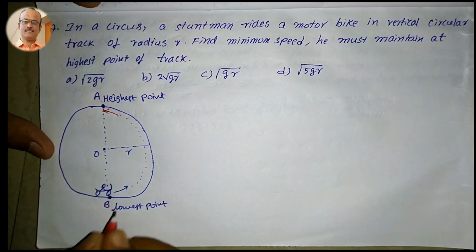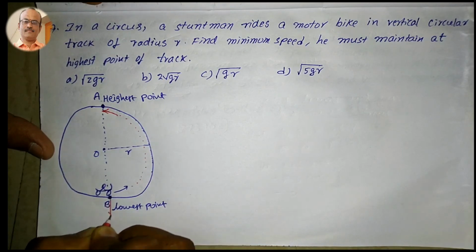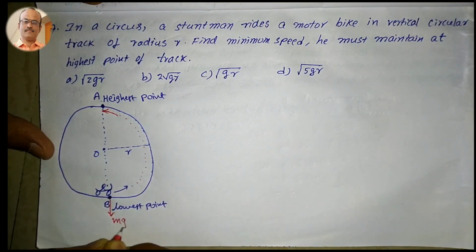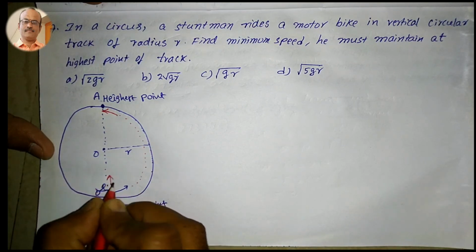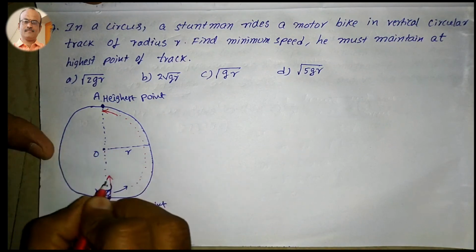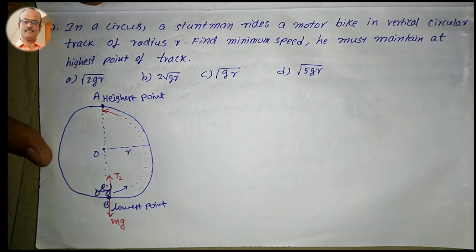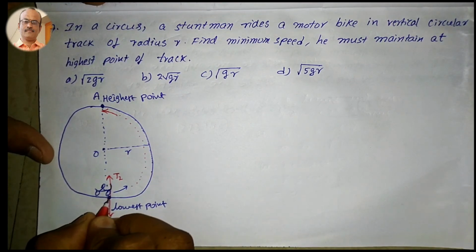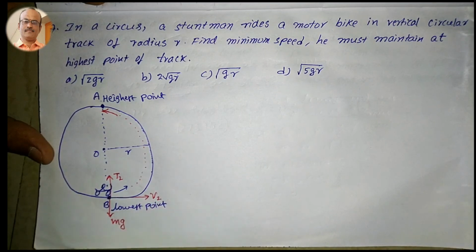First of all, we will consider the point B. The entire weight of the body acts in the downward direction, and the normal force by the track acts in the upward direction, which I will take as some tension T2, and he is moving with some velocity V2.